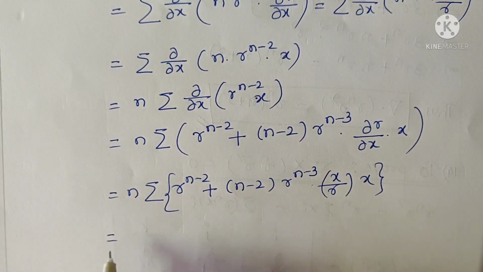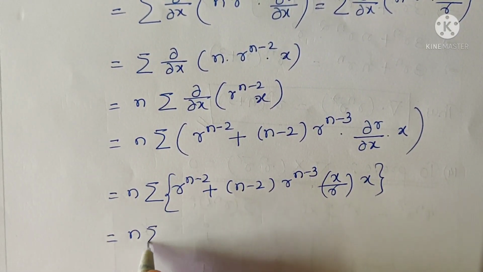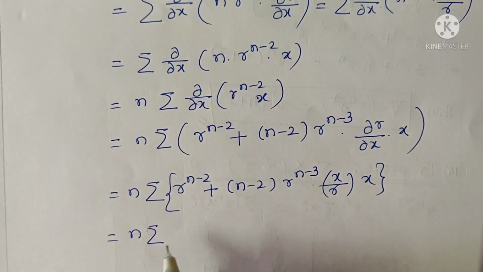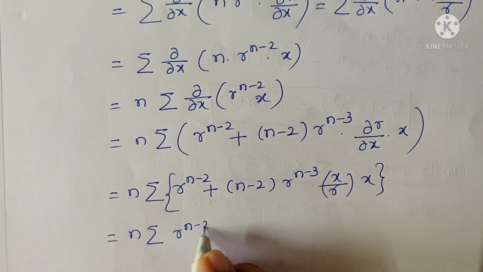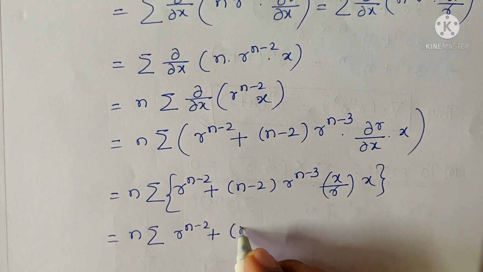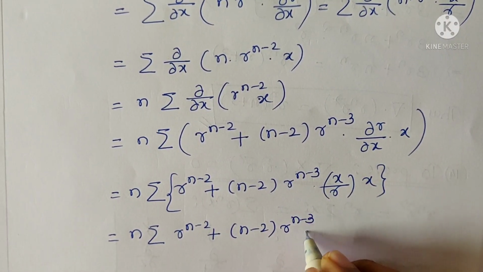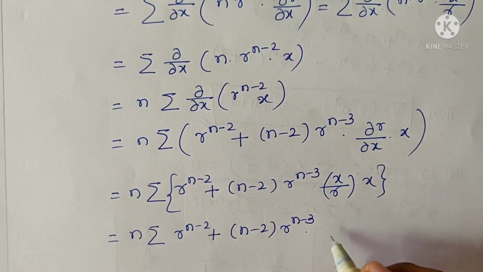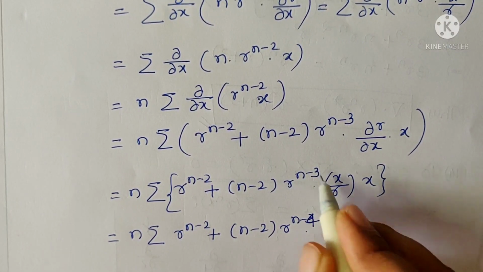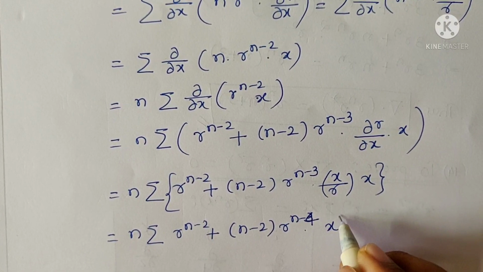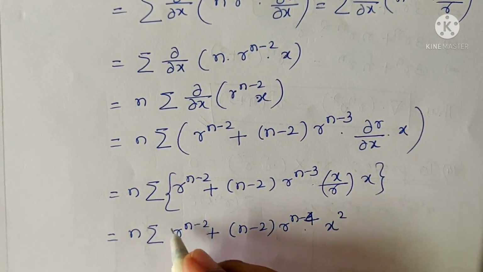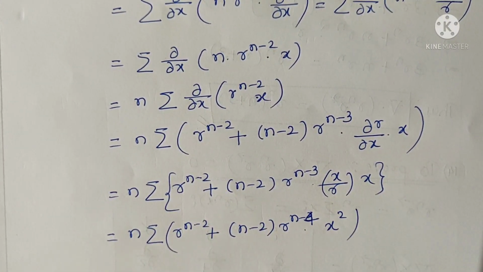So this is equal to n into summation of r raised to n minus 2 plus n minus 2 into r raised to n minus 4, these are now into x square. Now we will expand the summation.